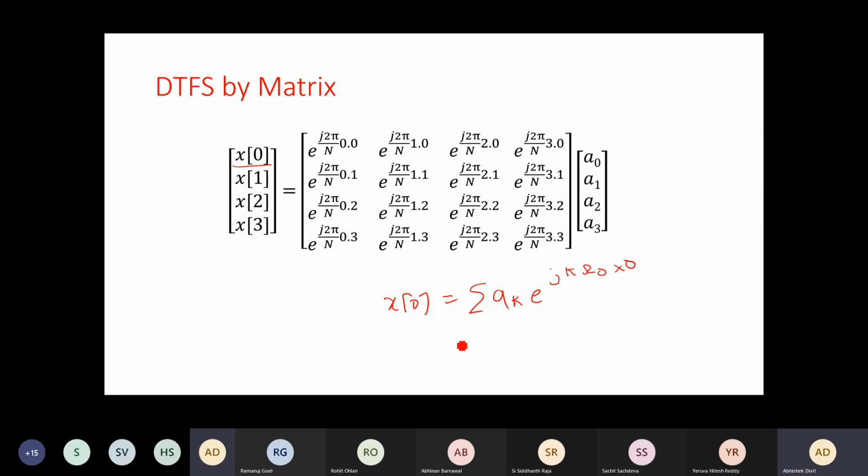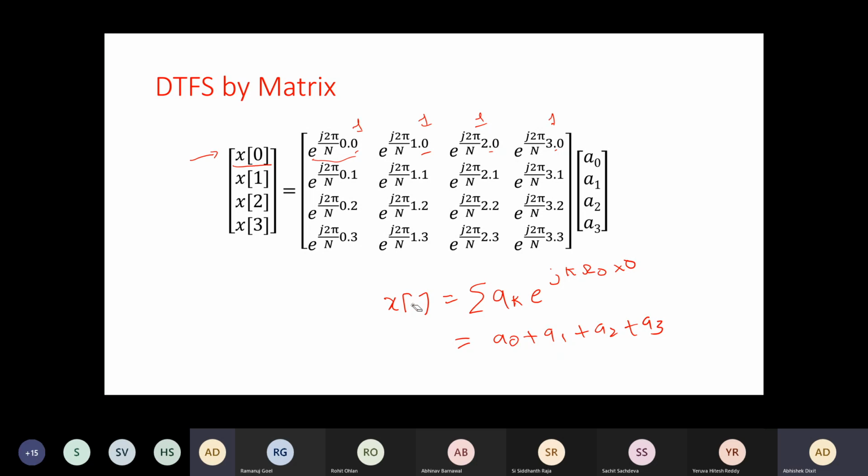That means this is A0 plus A1 plus A2 plus A3. This is what x[0] is. So if you look at this, it is 1, 1, 1, 1, because of this 0 sitting here, this will be 1. Then we simply have to multiply this with A0, A1, A2, A3, and you can compute the value of x[0].